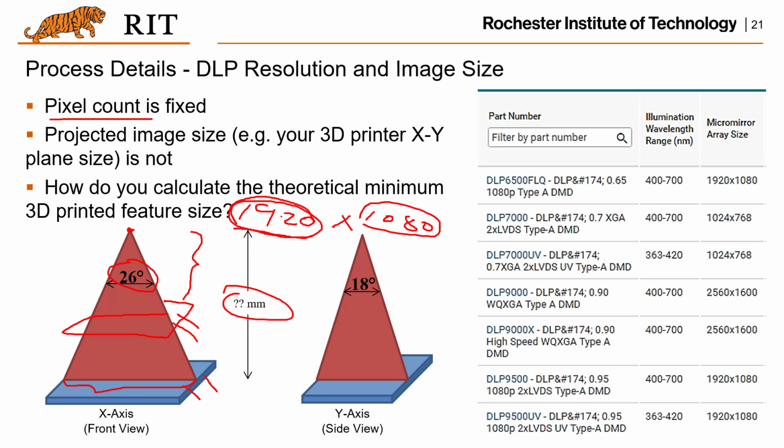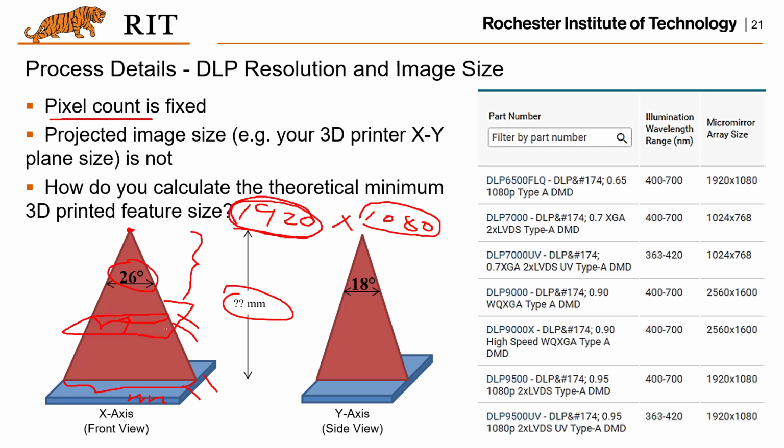You can divide the actual image size in millimeters by this 1920, then you will have the distance between each pixel in millimeters. Or if the image is here, with a different distance between the lens and the projection plane, then you use the dimension in millimeters here and divide it by 1920, and then you will have the distance between each pixel on this projection plane.